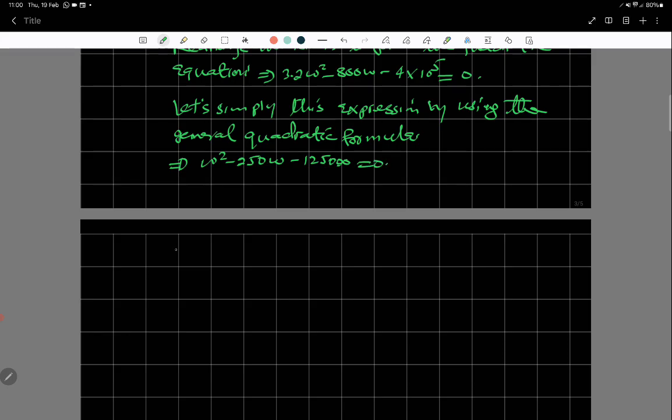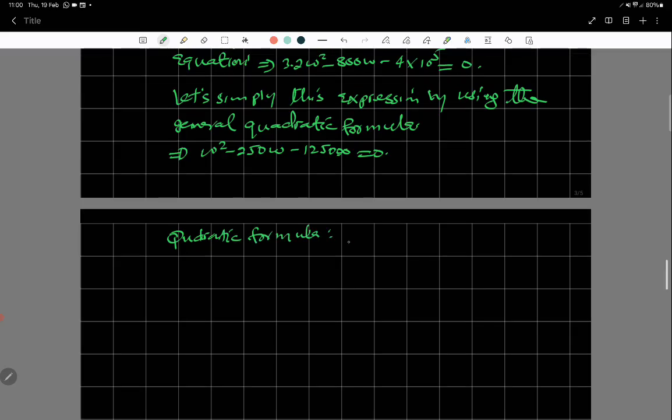Then the quadratic formula is W is equal to minus B plus or minus root B squared minus 4AC all over 2A.